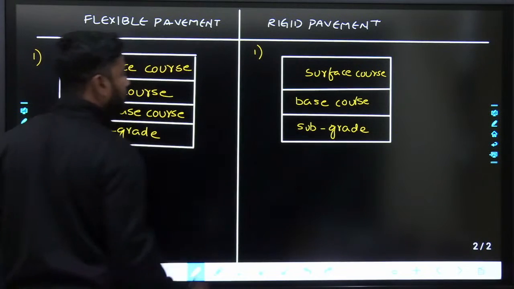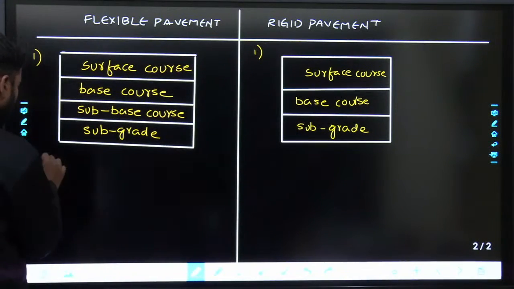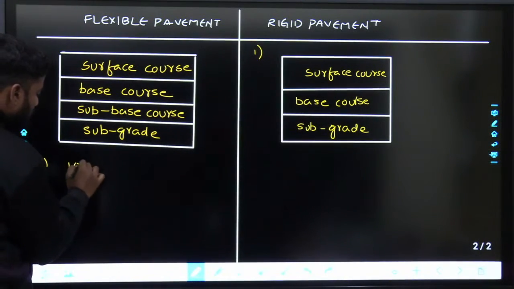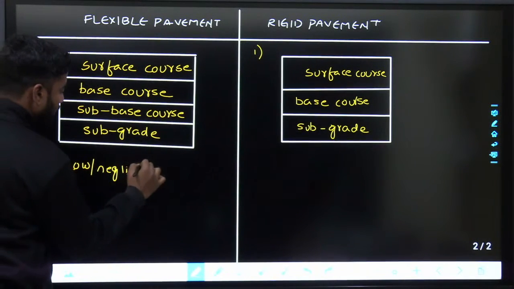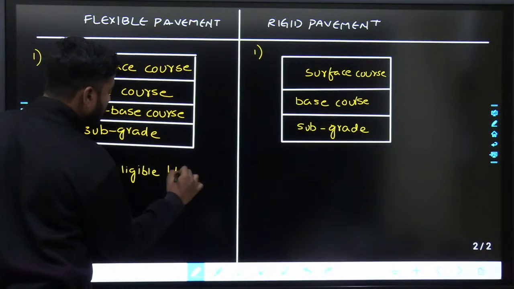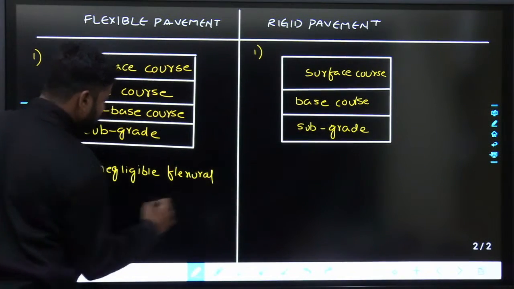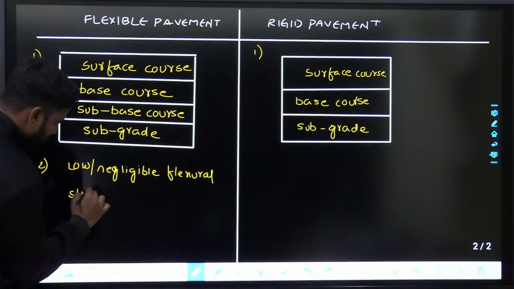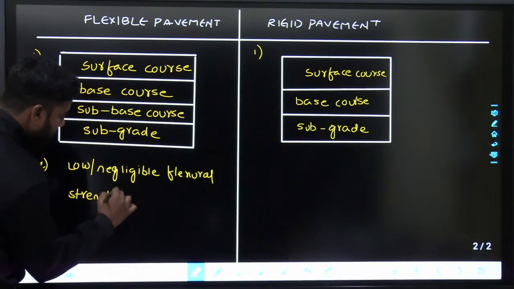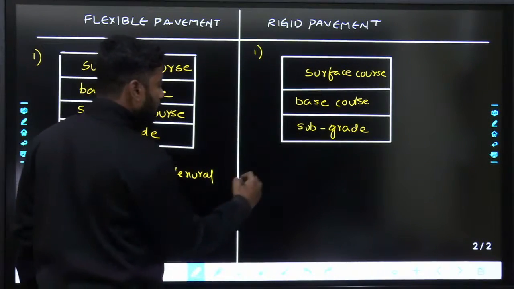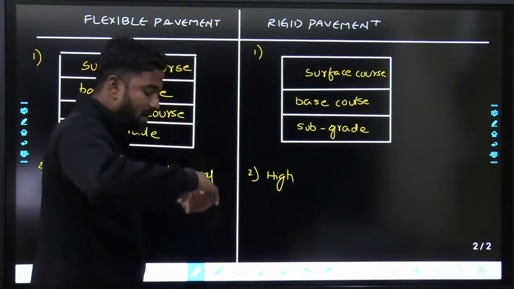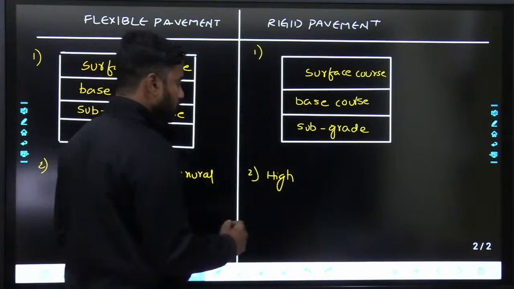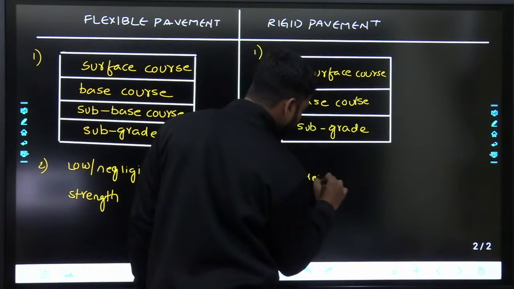Fine. And if you see here, there will be low or negligible flexural strength, and there is high flexural strength over here. Flexural strength means bending strength, right?